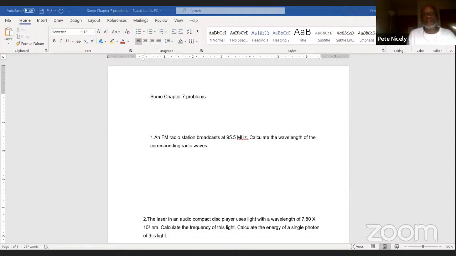However, we have to convert that to hertz. So that would mean that we're going to have 1 megahertz down here. And since mega means a million, that's 10 to the 6 hertz. And then we do our calculation: 3 times 10 to the 8 divided by 95.5 times 10 to the 6.